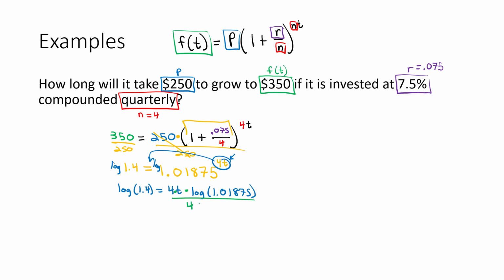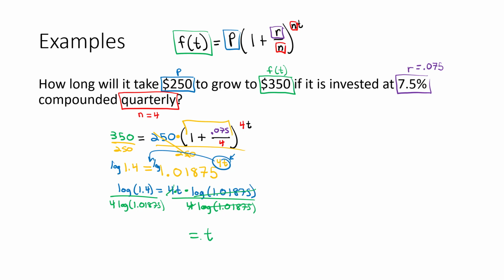It's multiplied by a 4, and it's also multiplied by the log of 1.01875. So we'll do that on both sides. So the logs are gone, the 4 is gone. All that's left is the t, the amount of time it's going to take my investment to grow compounded quarterly to $350.